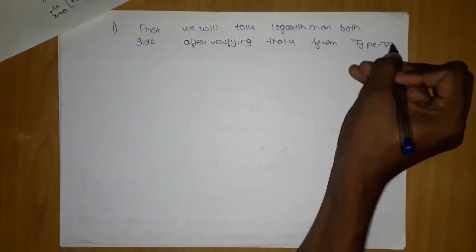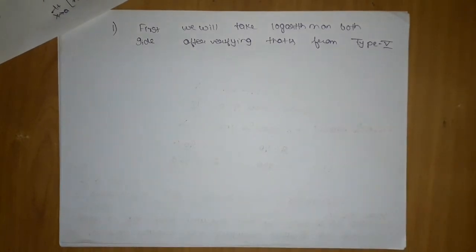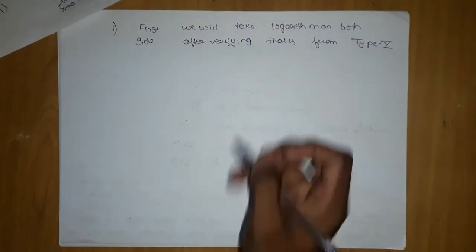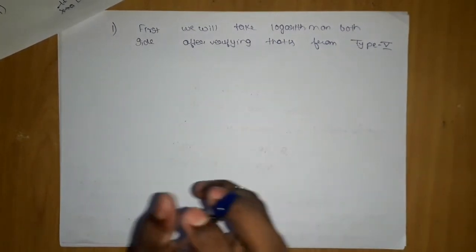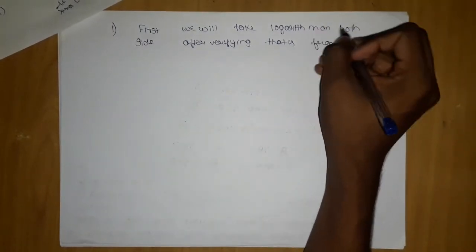You should know which type of problem it is, which type it belongs to. If we know that it is from type 5, we will take logarithm on both sides.